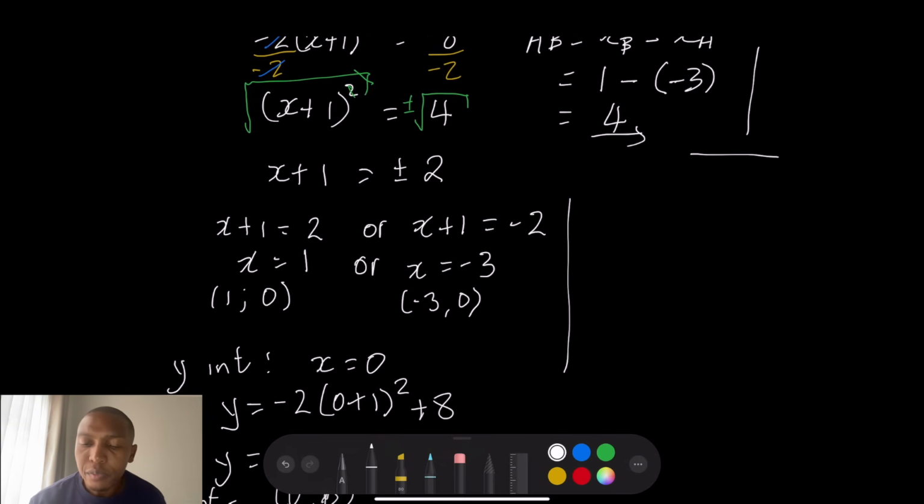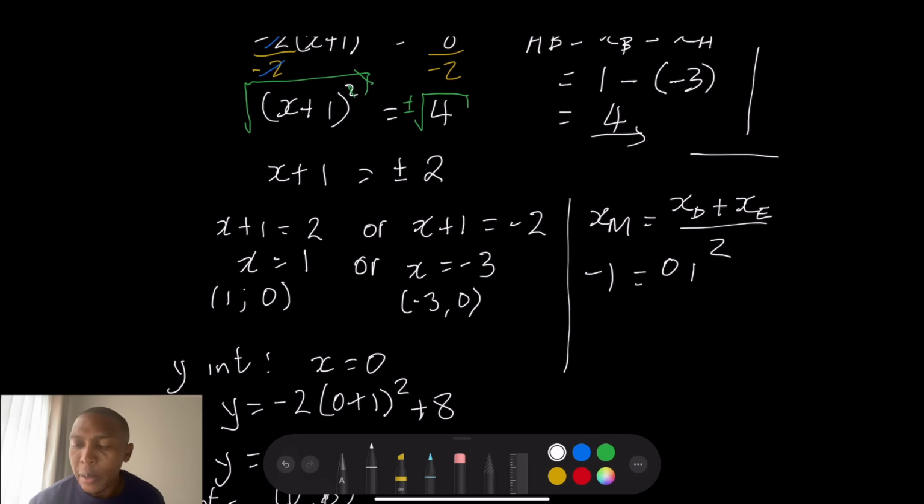So if I say for my midpoint, I know it's going to be x at D plus x at E divided by 2. So my midpoint is at -1. So I'm looking now for the x value at E. So my x value at D is 0 plus x at E divided by 2.